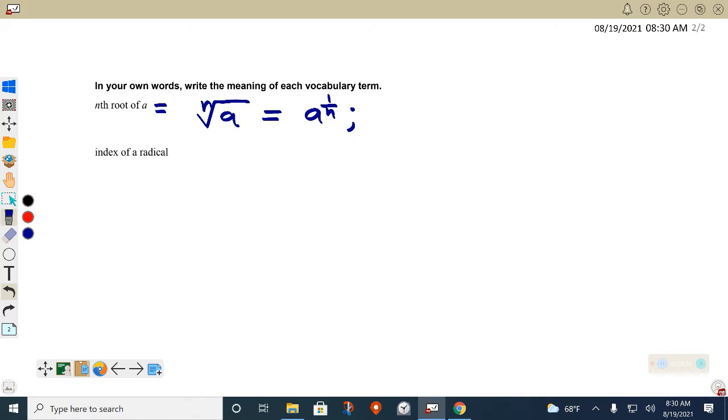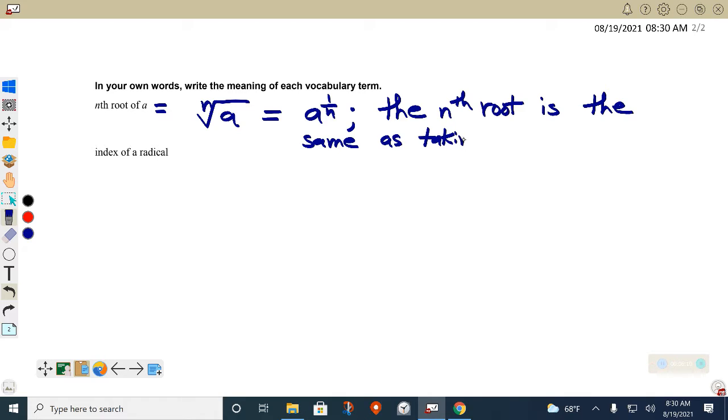And put a semicolon. The nth root is the same as taking the base to the 1 over nth power.